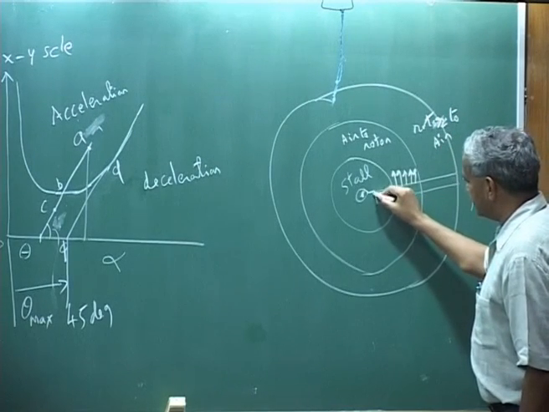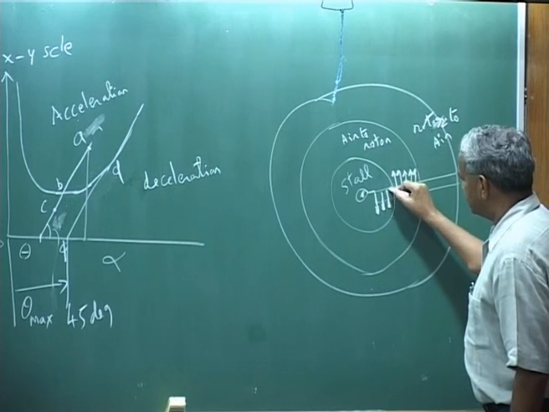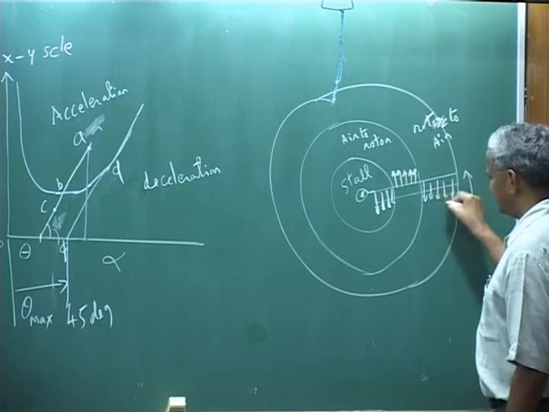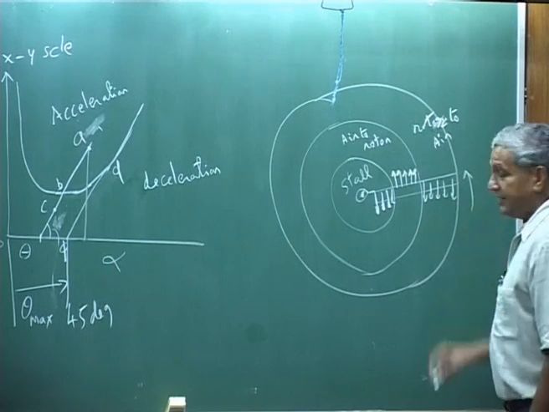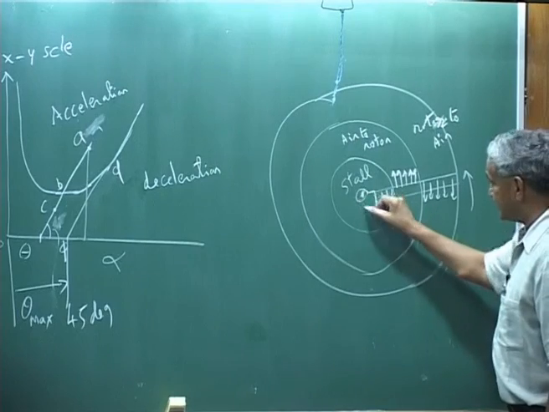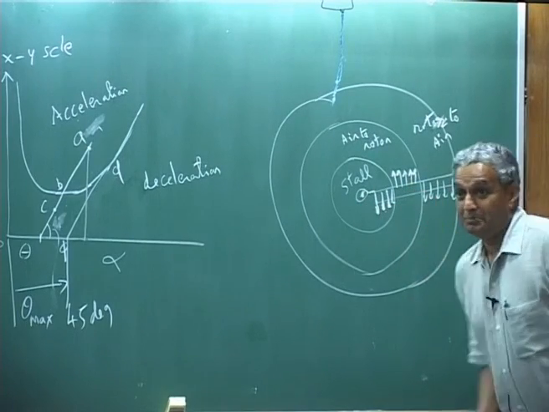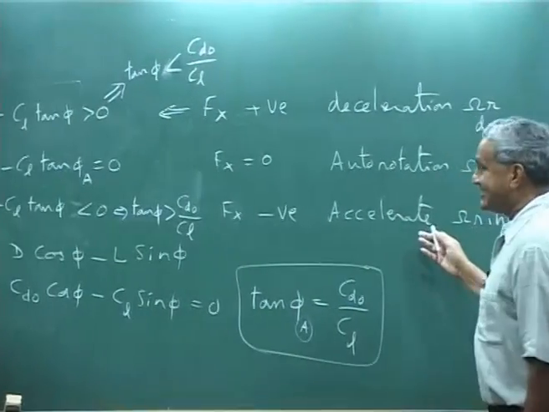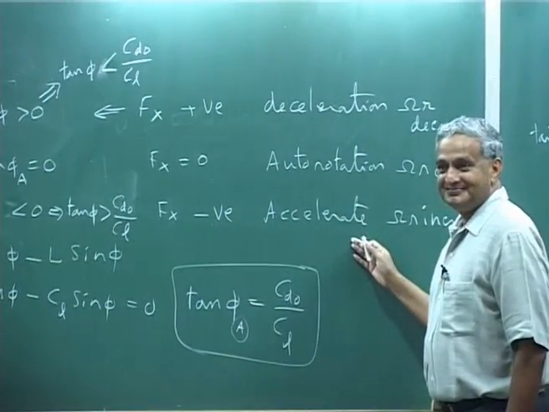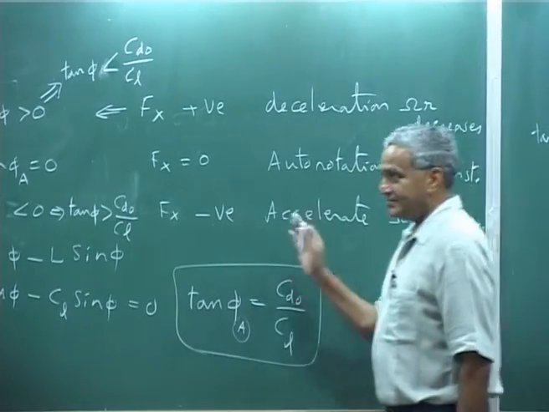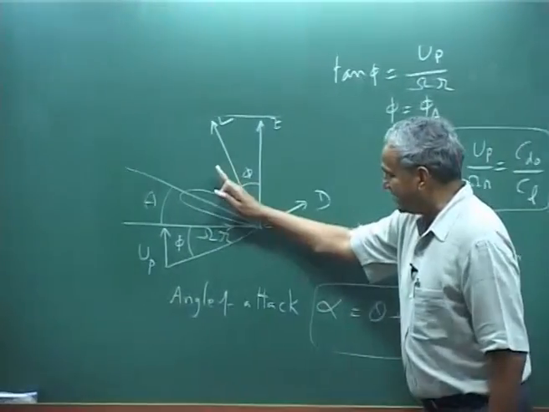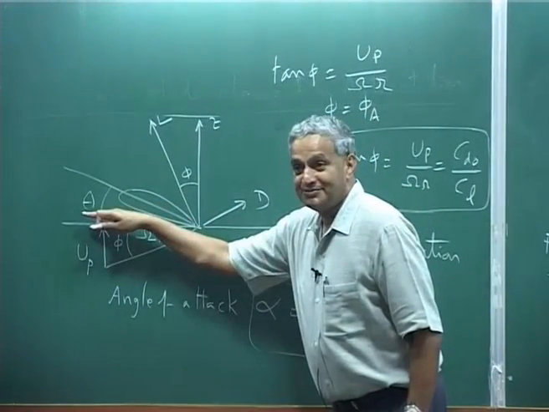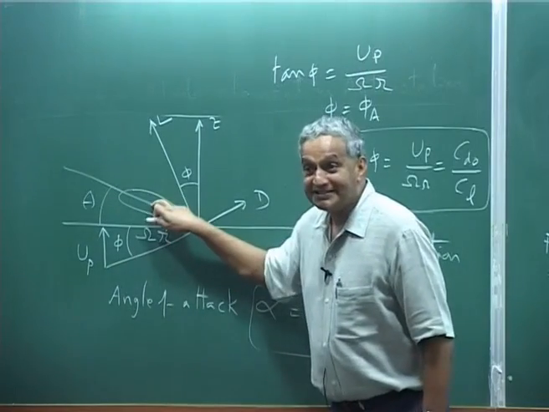Now, drag force will be acting here, and here also drag force will be there, I am not showing it. Now, you see this is stall, this is pulling it. Initially this angle is large, you are decreasing it, and F x is attached flow, F x is actually accelerating this.